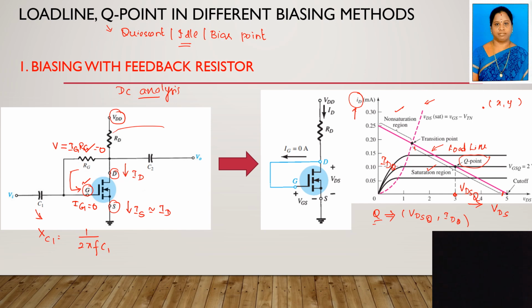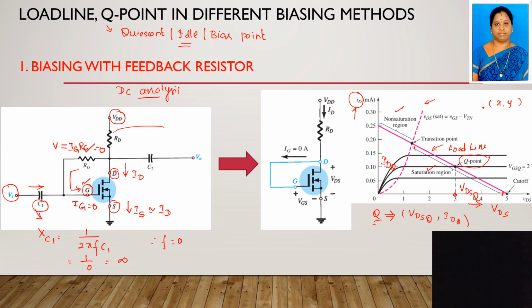For DC analysis, the frequency equals 0, and 1 by 0 is infinity. That means the C1 capacitor produces infinite reactance. Reactance is nothing but resistance, so with infinite resistance the input voltage will not go through the capacitor.